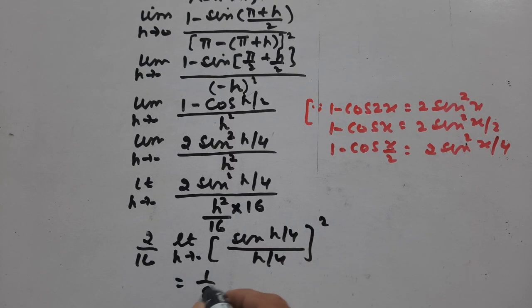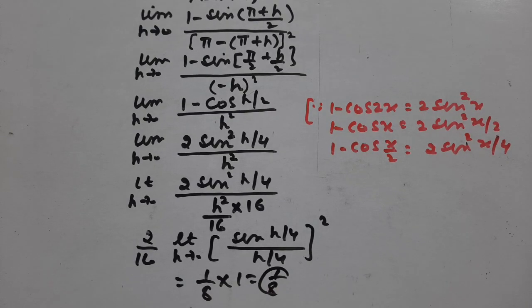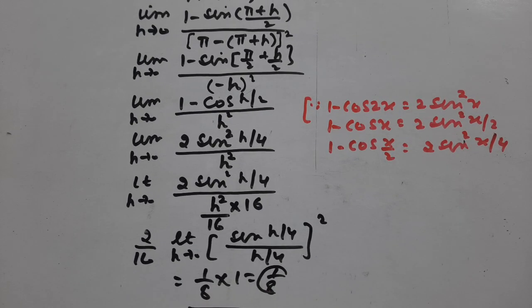So this is equal to 1 by 8 into 1, so we are getting 1 upon 8. So students, this is the answer. I hope this is clear to you students.